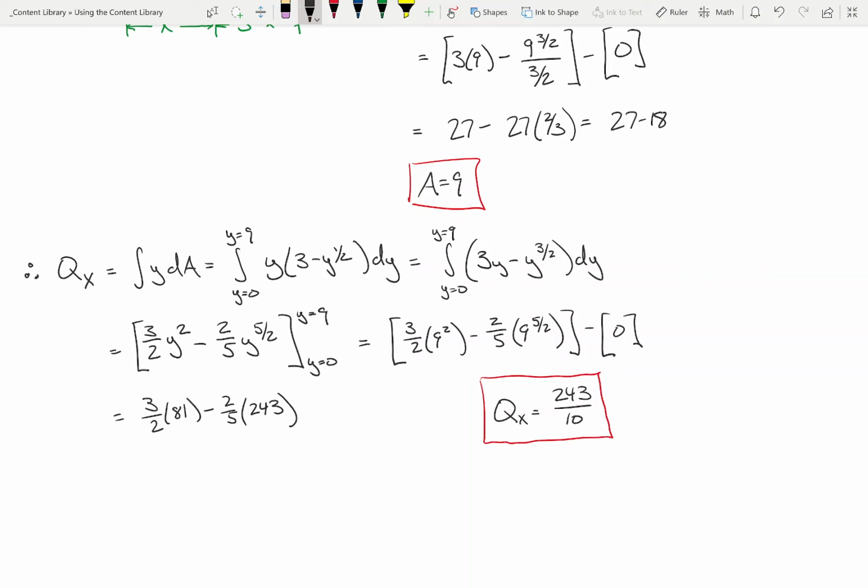We can test that out if you want, because we can say, okay, this is going to be 15 over 10 times 81 minus 4 over 10 times 243. So this is going to be 15 times 81 minus 4 times 243 over 10. And I think if you plug that in, you'll get 243.